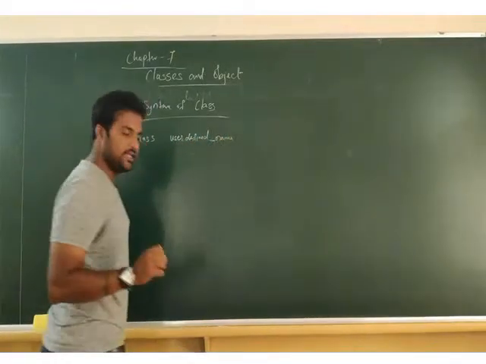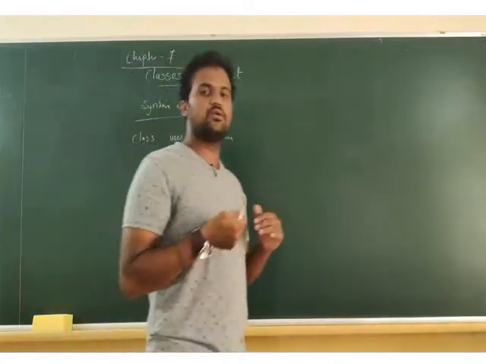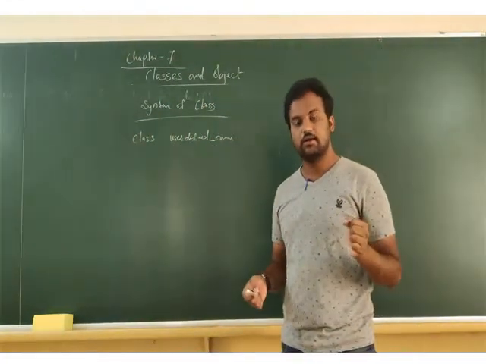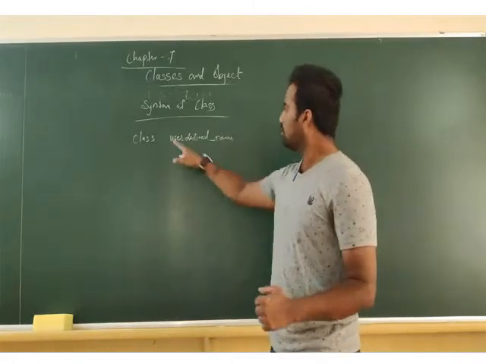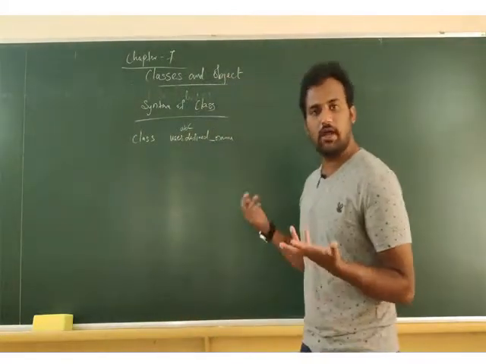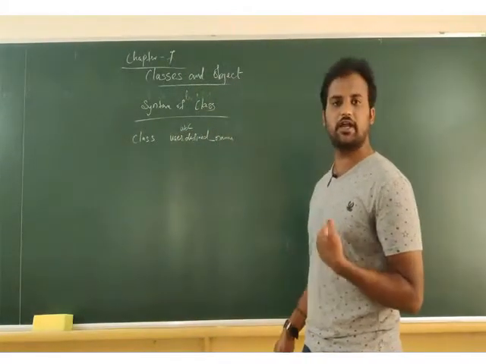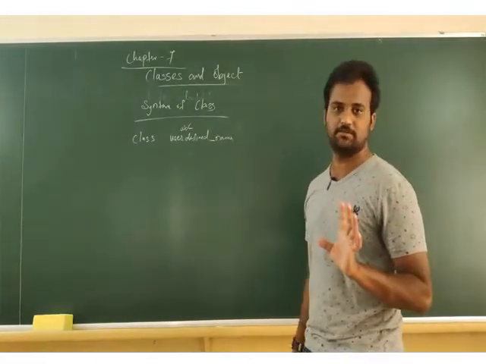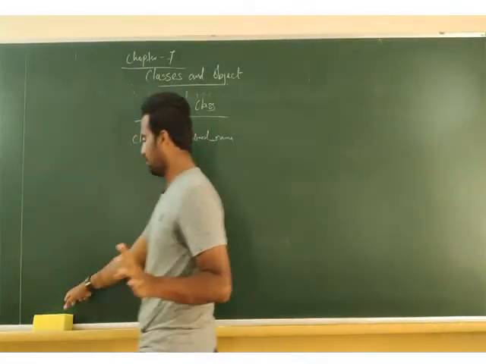User defined name means the user who is going to write the program can give his own name. For example, I will give class ABC. My wish, I am the user, I can give any name I want. But we have to remember this name.